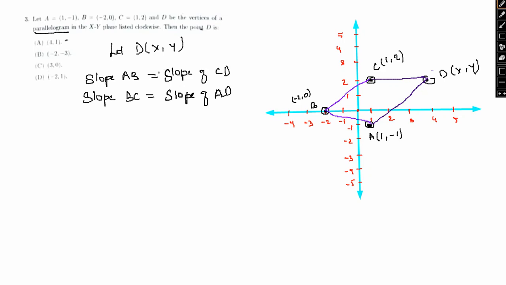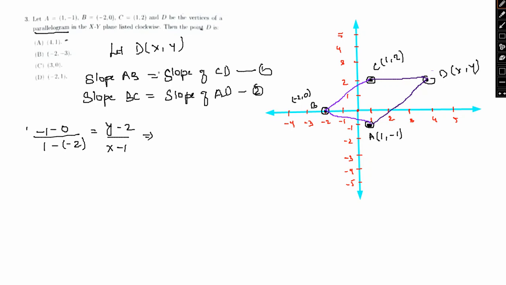So if we find the slope of AB, with the formula (y2 minus y1) by (x2 minus x1), we have (-1 minus 0) by (1 minus of -2) is equal to (y minus 2) by (x minus 1).